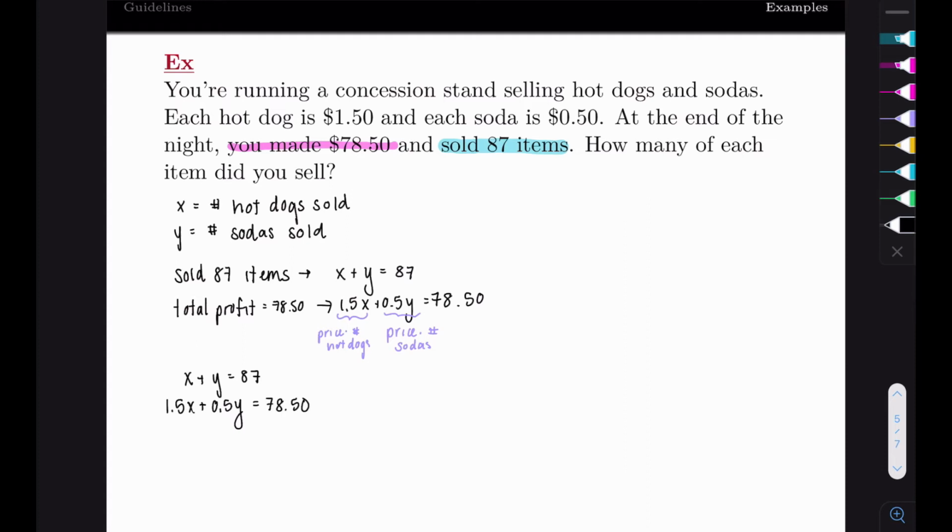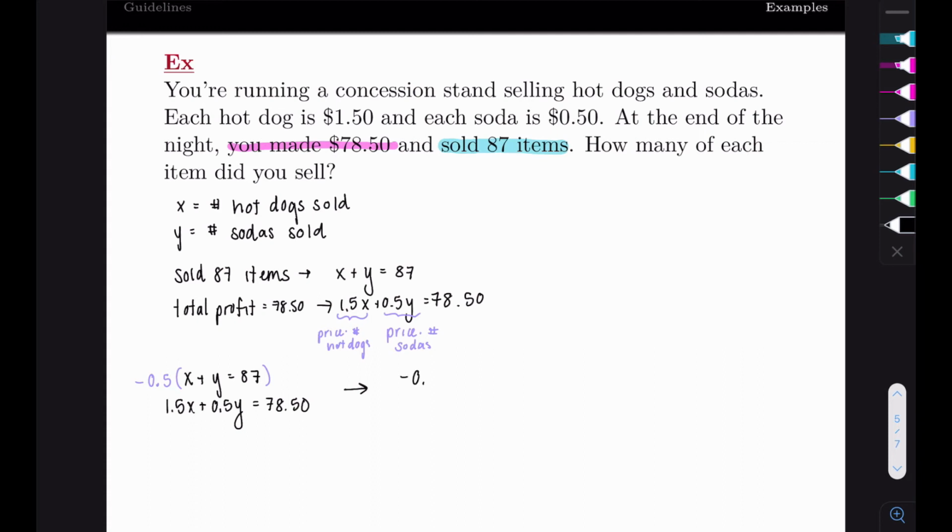Okay. So you can do substitution, you can do elimination. I'm going to go ahead and do elimination on this one, and I'm going to cancel out my y's. So I'm going to take this and I'm going to times it by 0.5, and I want to make that sign opposite. And in doing so, let's rewrite our system over here.